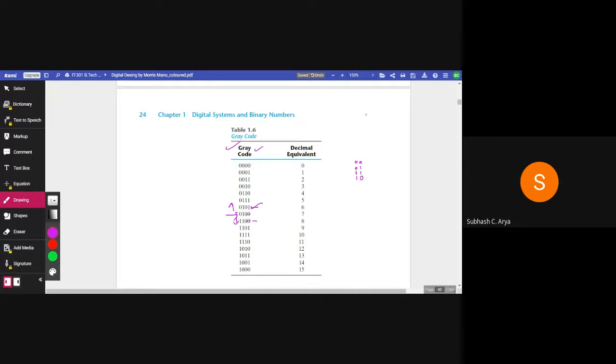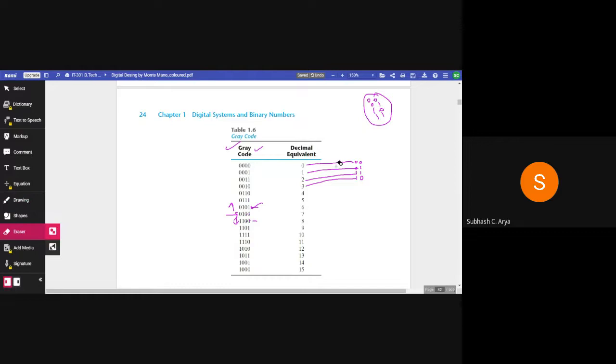So with the help of 2 bits we can write 00, 01, 11, 10. This is not the simple binary order, and all these 4 combinations are covered here. This maintains your Gray code definition, meaning adjacent bits change by 1 bit. So the decimal equivalent: this is 0, this is 1, this is 2, and this is 3 in Gray code. Okay, got it?